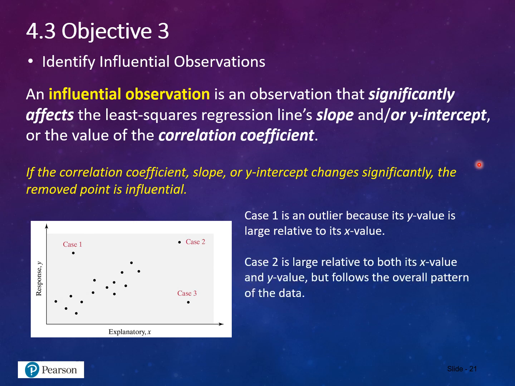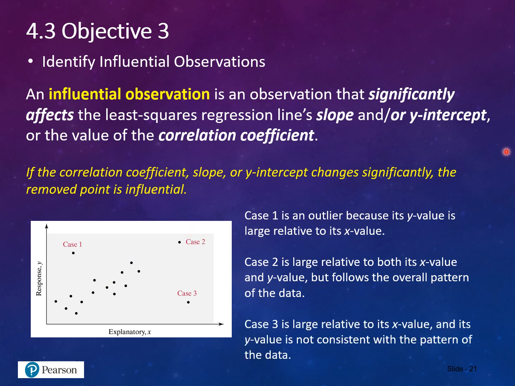Case 2 is large relative to both its x value and y value, but it follows the overall pattern of an increase in the data. And case 3 is large relative to its x value, and its y value is not consistent with the pattern of the data, which is increasing, and now all of a sudden the y value for case 3 is much lower. Okay, so these are pieces that we want to observe in the original scatter plot.